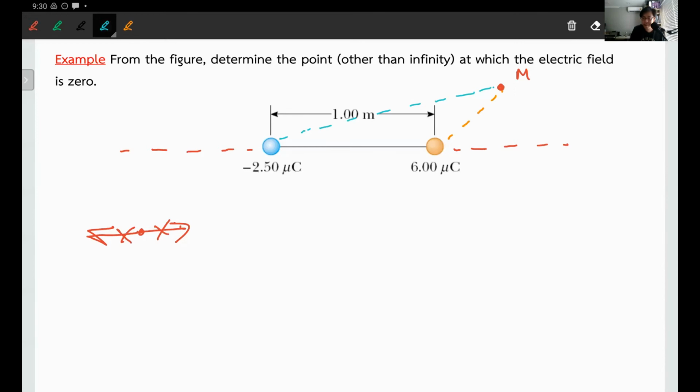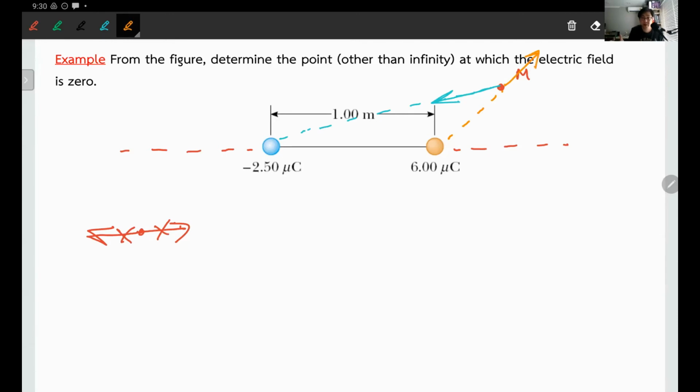Like here, if I pick a point M, look at this one: the blue charge is a negative charge, so the electric field points towards it. The orange charge is a positive charge, so the electric field points away from it.